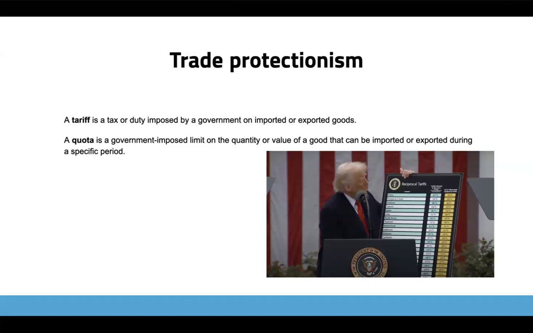So now, if the import tax on one egg is $1 instead of $3, it's going to cost $4. So obviously prices increase. And also because there's a scarcity of imported goods, prices increase further.